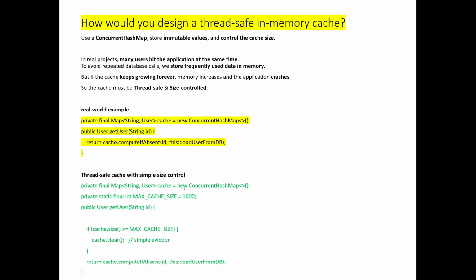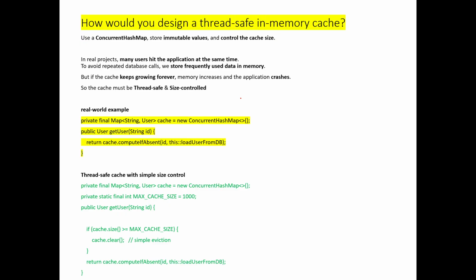Okay, now the next question is, how would you design a thread-safe in-memory cache? That means here you need to understand why you need an in-memory cache. In your applications some frequent data will be used by customers. Suppose many customers are hitting an API which is giving frequent data, that means common data, and multiple customers are trying to get that data.